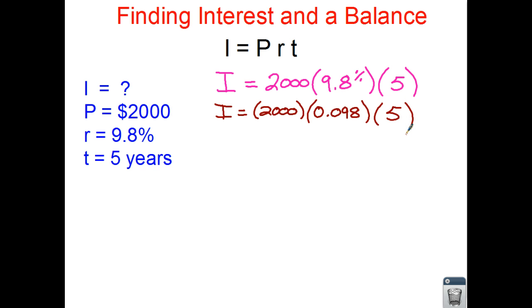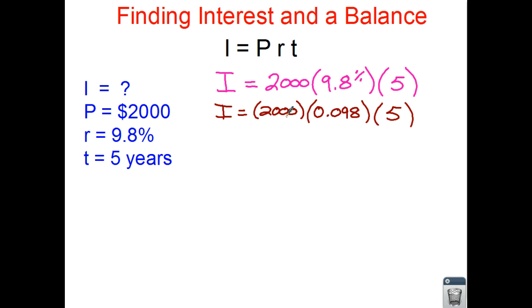Okay, multiplication is commutative, which means I can take these three values and multiply them in any order that I would like, the order that would be easiest for me. I always use the example 1 times 2 times 3 is the same as saying 3 times 2 times 1. Both of those answers would end up at a value of 6.